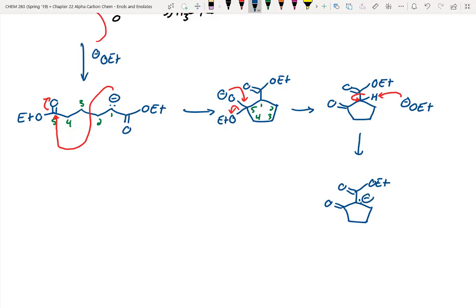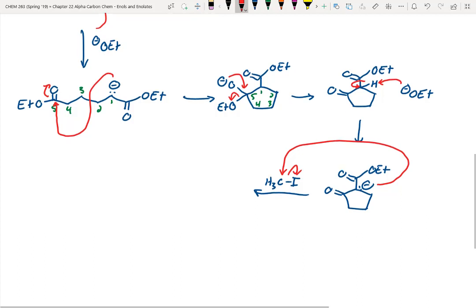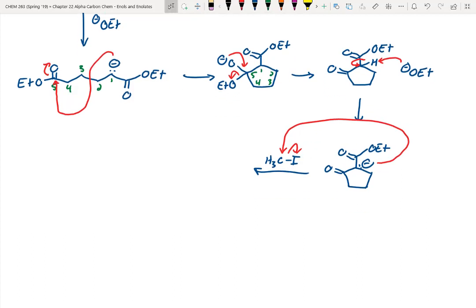Not really much else we can do with it at this point. It'll just stop here. But now we're ready to go with our next step, which is with methyl iodide, where we can actually alkylate this alpha position. So this is kind of a combo of the Claisen reaction that we saw before and alpha alkylation in step 2.